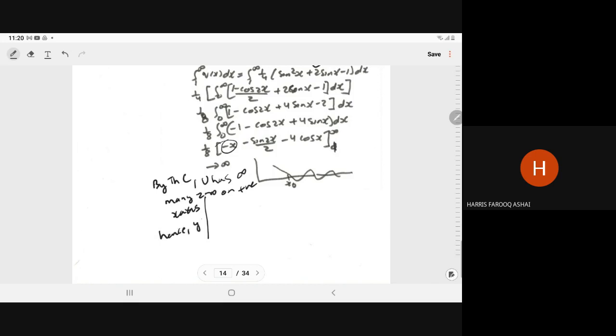Hence yx also has infinitely many zeros on the positive x-axis. So it has infinitely many zeros after the point x naught.